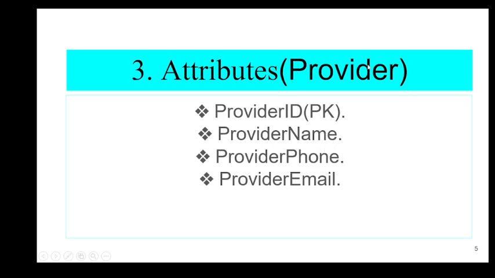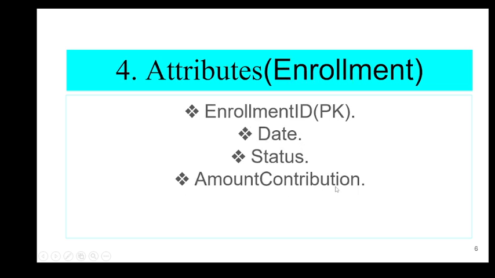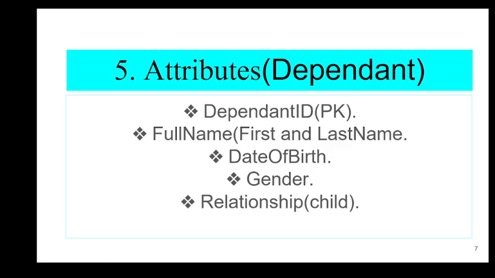Next is the provider, whereby our primary key will be the provider ID. Then we will have the name, phone, and the email address. The next entity will be enrollment. Here we will have our primary key as enrollment ID. We will have the date, status, and amount contribution.